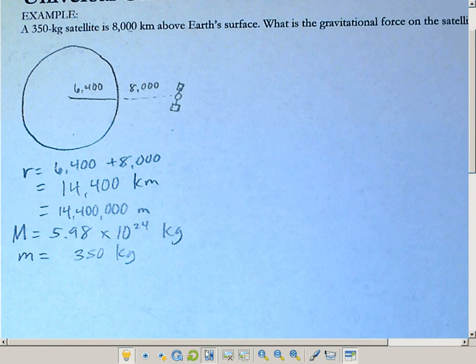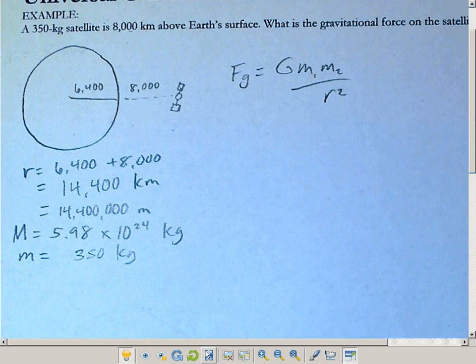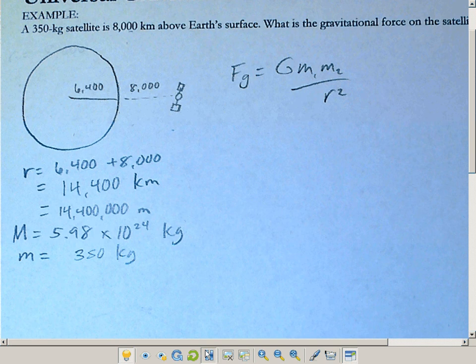You can try this too, and you can start calculating this if you want to start familiarizing yourself with your calculator.